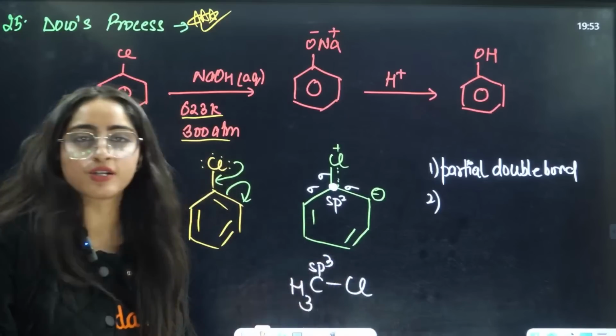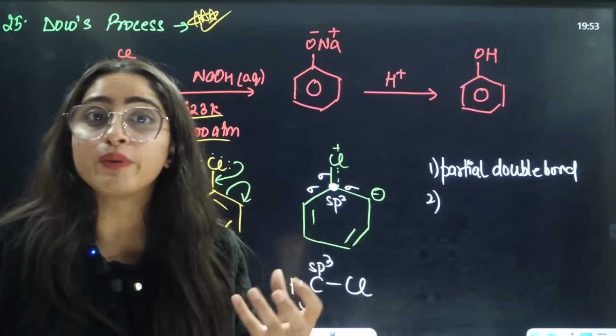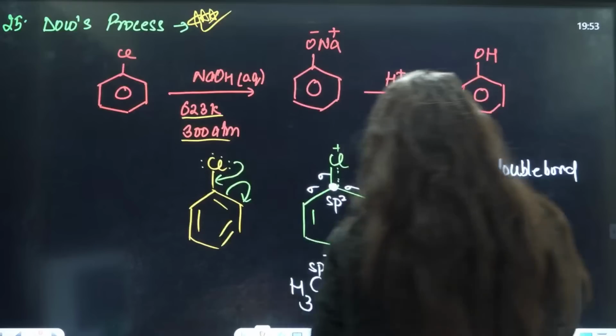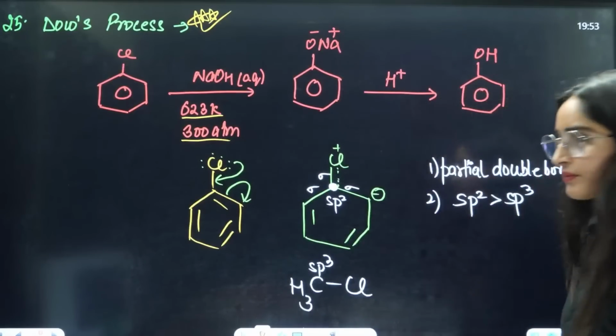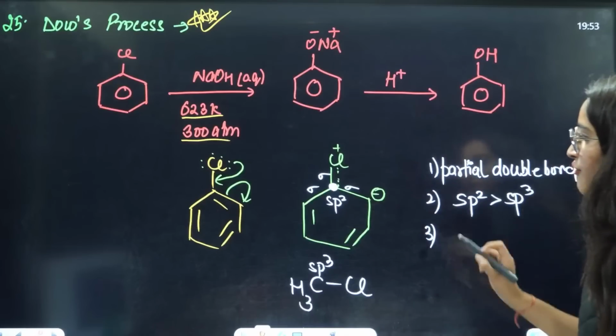So sp2 is difficult to break, because sp2 is more electronegative. That is why sp2 is more difficult to break compared to sp3.